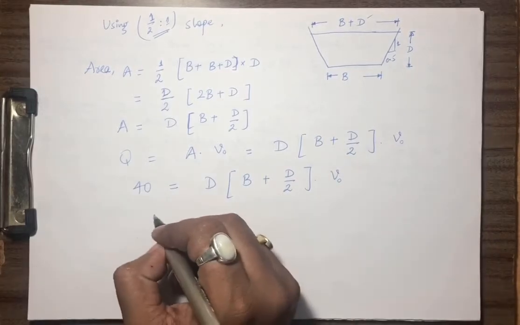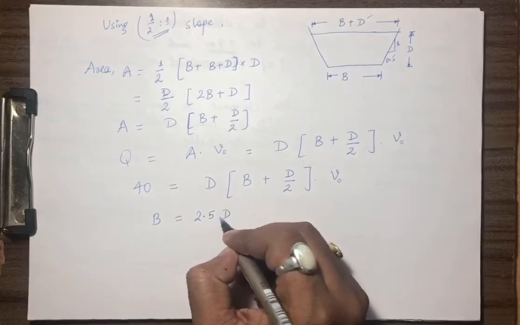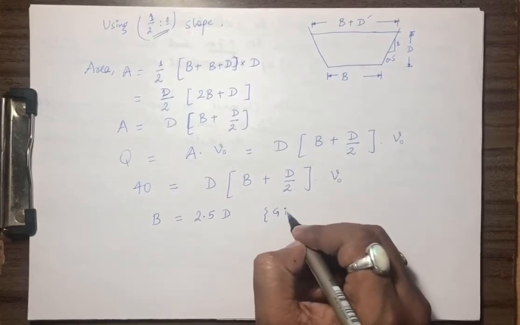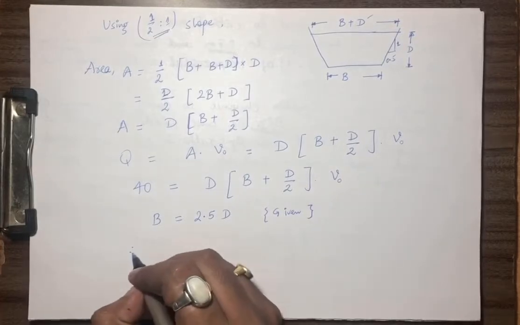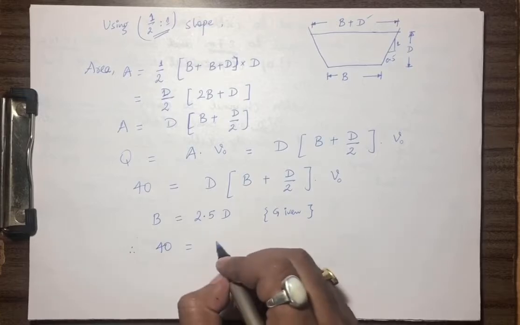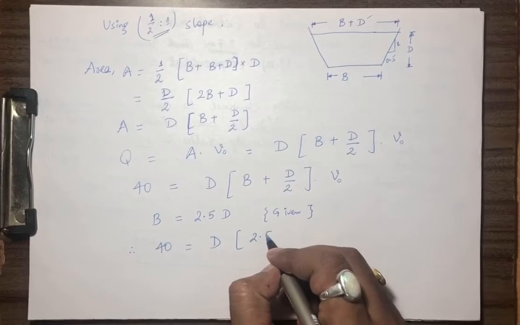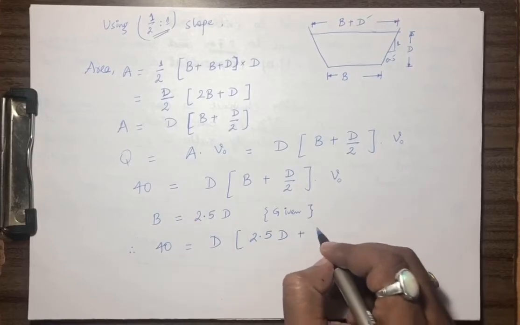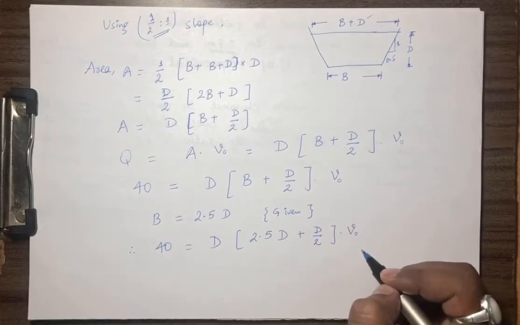So 40 will be equal to D into B plus D by 2 into V naught, but B is how much? 2.5 D. This is given in the question. So 40 is equal to D into 2.5 D plus D by 2 into V naught.